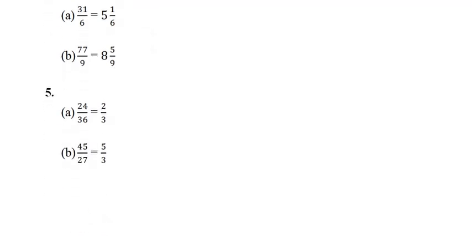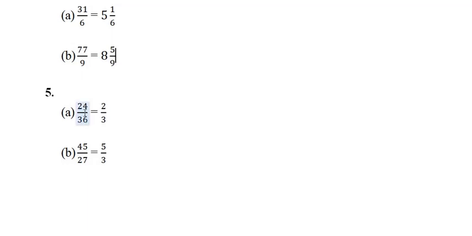Now question number 5a. You have to convert the following fractions into the simplest form. So you just have to convert these fractions into the lowest magnitude. So 24 and 36. How to do this? You can start with 2, or you can find the highest common factor of 24 and 36.